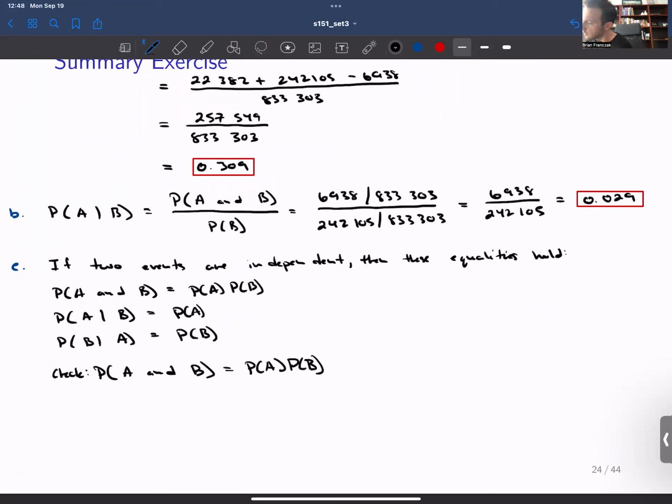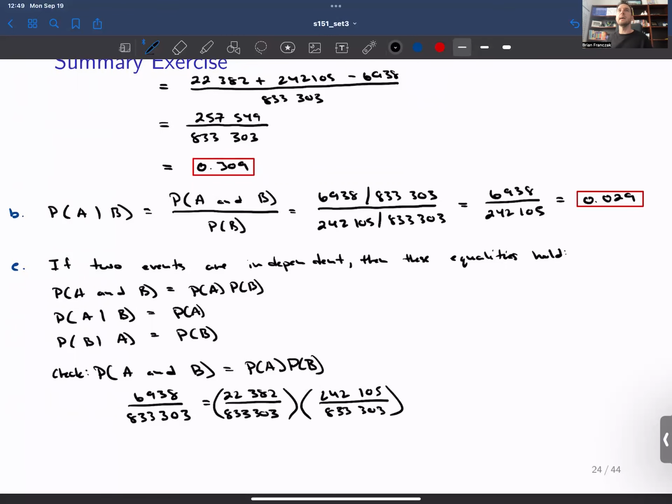Is this true? Okay, so we know that P of A and B is 6,938 divided by 833,303. Is this equal to 22,382 divided by 833,303, multiplied by the probability of B, which is 242,105 divided by 833,303?